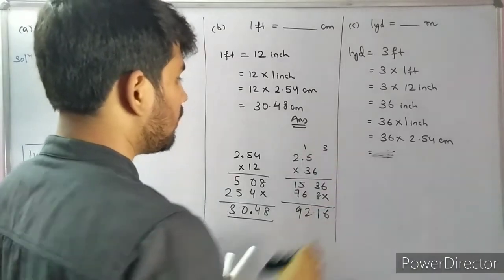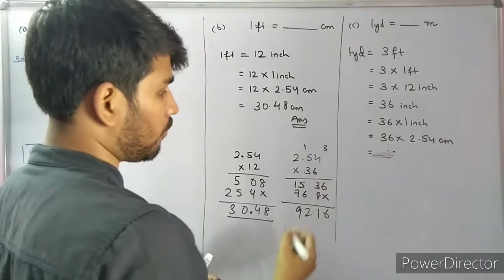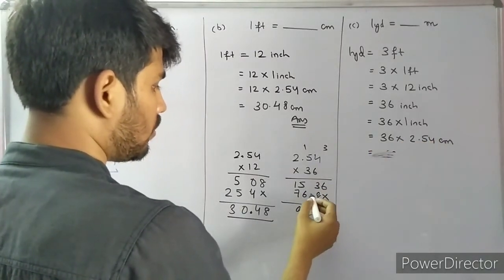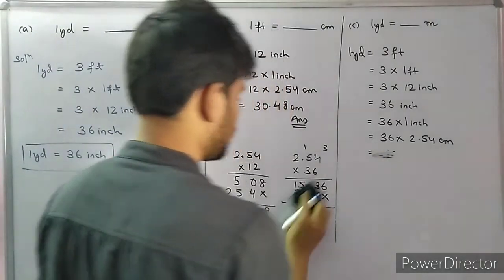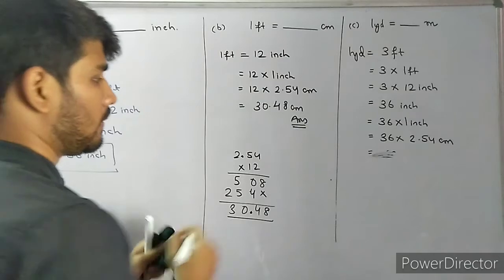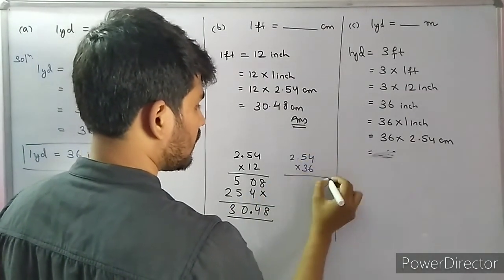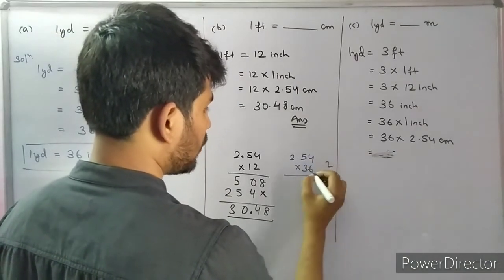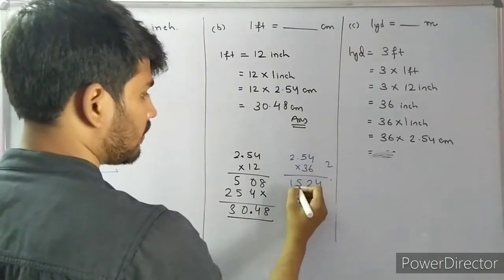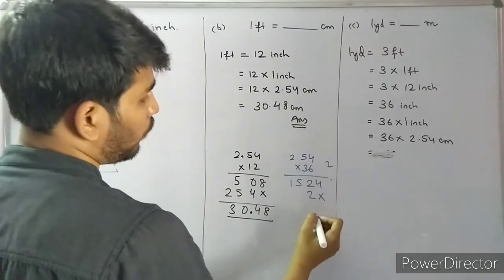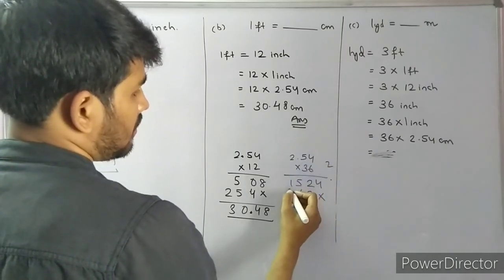Oh, this was 2.54, sorry. So the answer will be around 91 point something. Let's do it. 2.54 into 36. 6 4s are 24, carry 2. 6 5s are 30. 30 plus 2, 32, carry 3. 6 2s are 12, 15. 3 4s are 12, 2, carry 1. 3 5s are 15, 16, carry 1. 7.